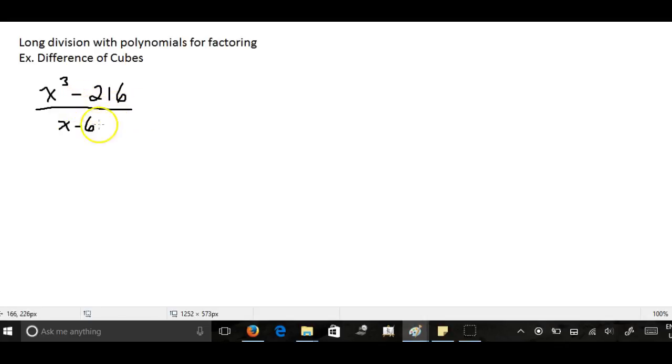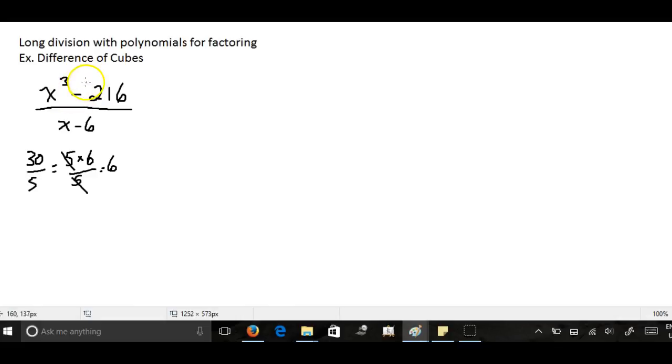Just the same way that I would look at 30 over 5, and I could simplify this because 5 is a factor of 30 by breaking 30 into its factors and canceling the common factor, leaving us a 6, right?